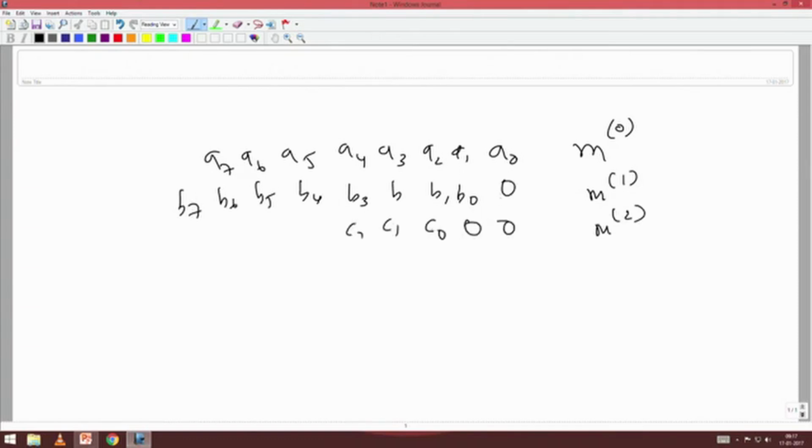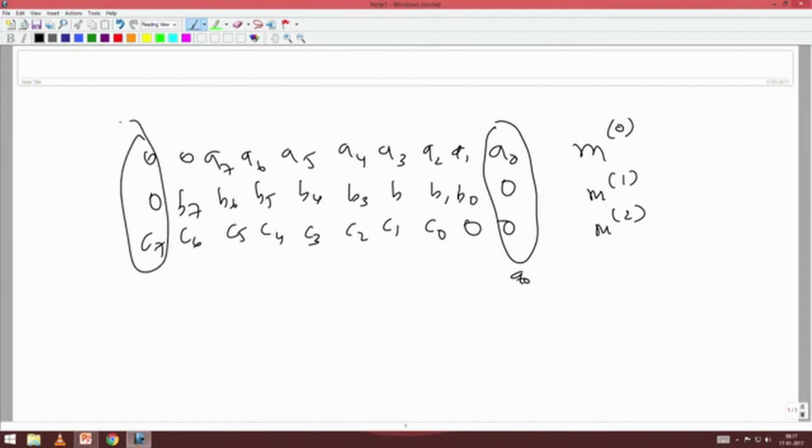C0, C1, C2, C3, C4, C5, C6, C7. So this is 0 and this is 0, right. So you do not need an adder for here, right, to generate. So you know the sum bit is A0 and the carry is 0 already, and you do not need a full adder for this, right.